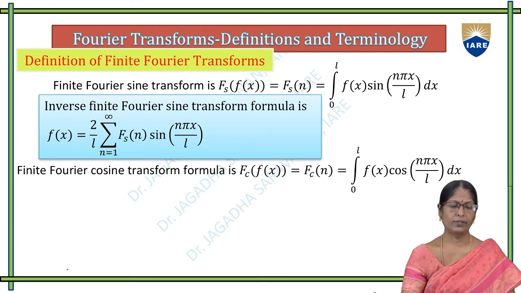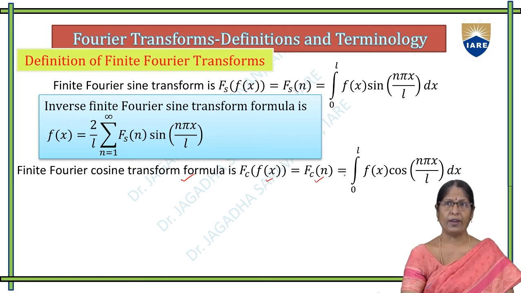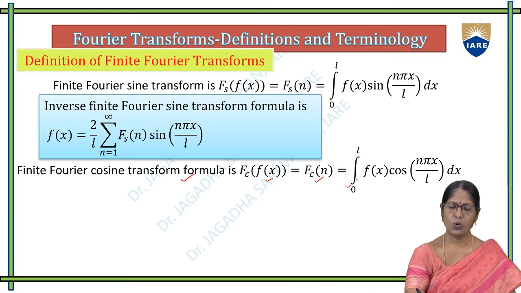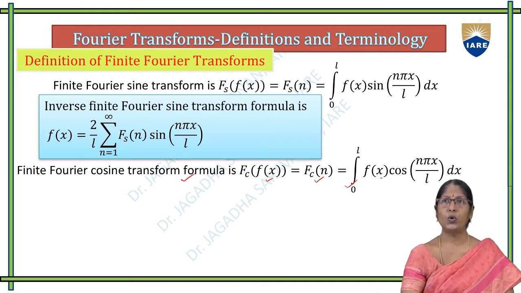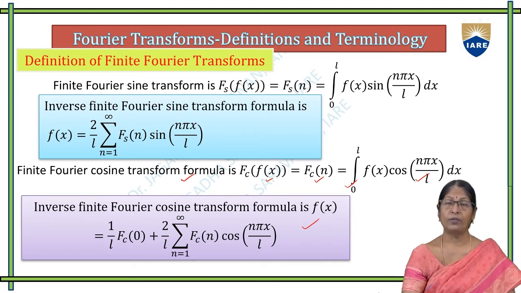The next one is the finite Fourier cosine transform formula, capital FC of f of x, which is equal to capital FC of n, which is equal to integral 0 to L f of x cos of n pi x by L dx. Here we can see it very well. The inverse we are going to concentrate on for the finite Fourier cosine transform.